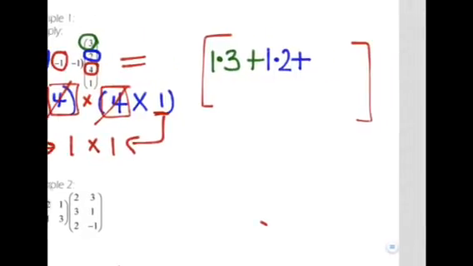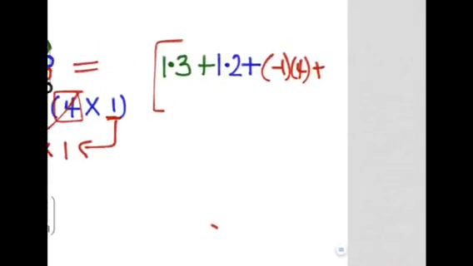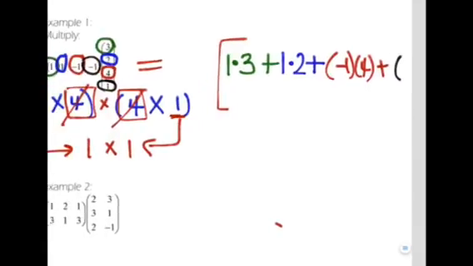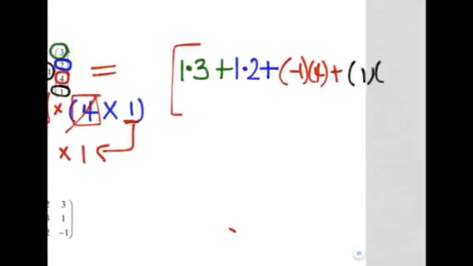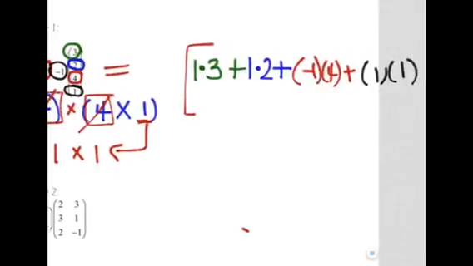Plus the last number, which is this -1, gets multiplied by the last number in the second matrix. So it's plus -1 times +1, I think. Yes.